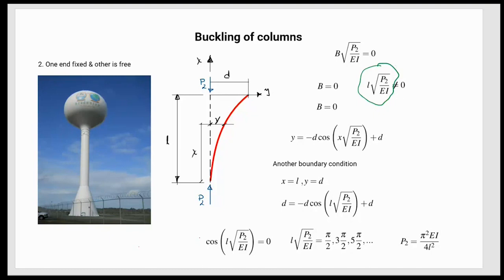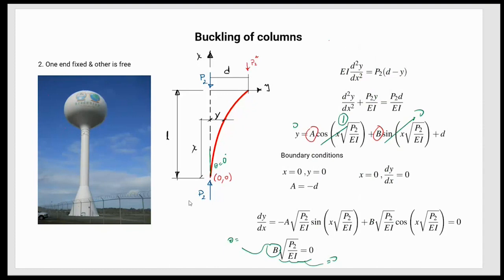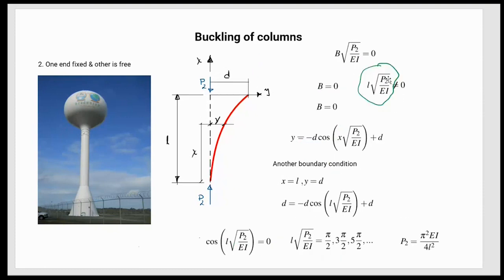So what I mentioned here, that this might be 0 or this might be 0. It turns out that this can never be 0, because they are based on physical characteristics of the column construction, geometry and loading. So this cannot be equal to 0, but this can be equal to 0. And that's the only solution possible for that equation to be 0.